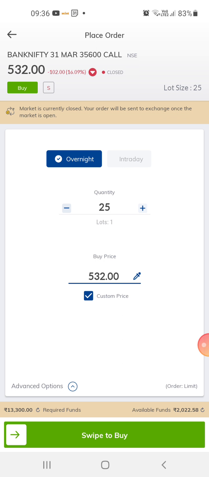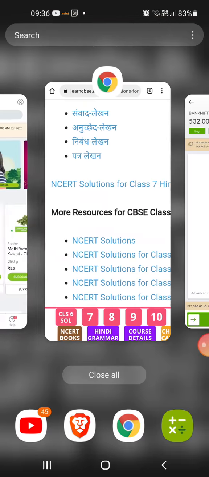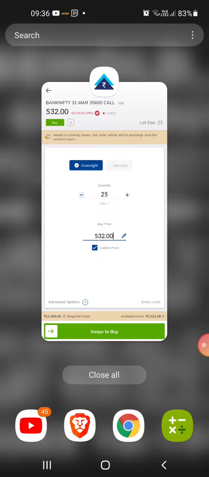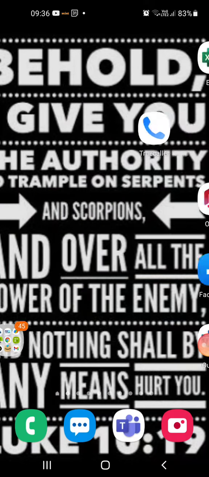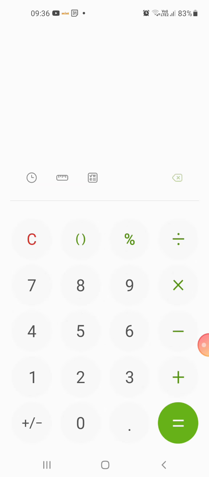There's another thing I can share with you. For that I'll remove the screens, a lot of screens are open here.